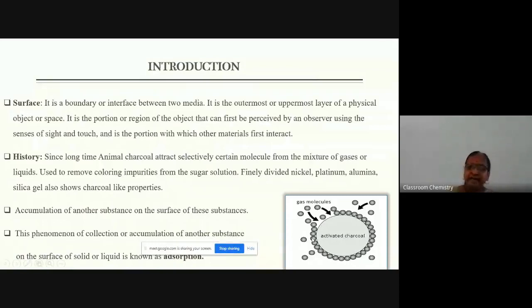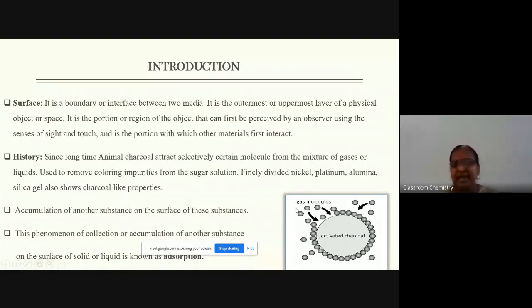It only adheres on the surface. It does not penetrate into the body of that activated charcoal. It only accumulates at the surface of the activated charcoal. Means what happens here? When gas molecules come in contact with the activated charcoal, these gas molecules are accumulated on the surface of the activated charcoal. They do not penetrate into the body of the charcoal. And therefore what happens? There is an increase in the concentration of this gas molecule.